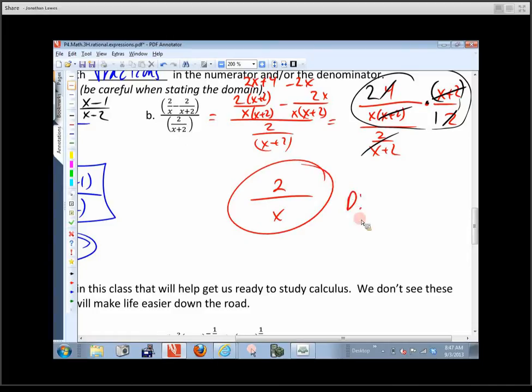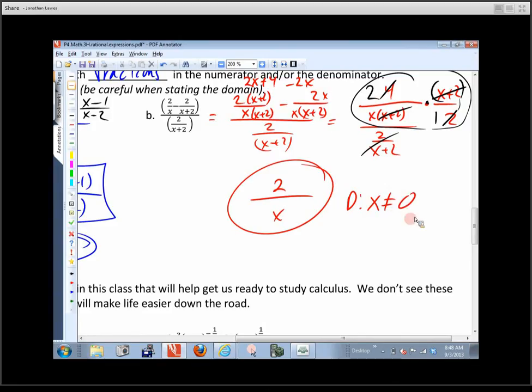Write down the domain. You look through and find the domain and then check that with your neighbor. See if you got it right. Tara, what number for sure do we need to throw out?